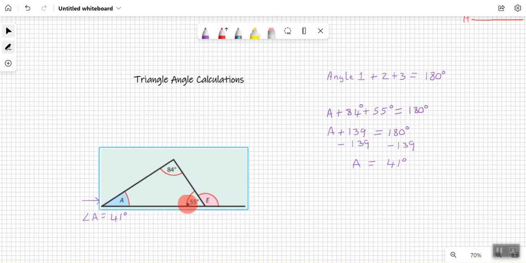Now what we want to do is look at this angle here, the angle E. We can see here that this is a straight line. If we remember, the angle on a straight line is going to be equal to 180 degrees. Then we have a line going through this angle, so it looks something like that.